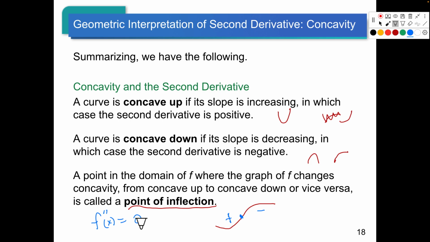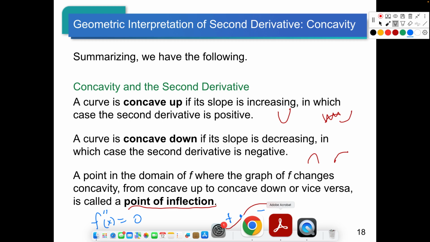It's kind of halfway between the minimum and the maximum, because if it's concave up we've got a minimum, concave down we've got a maximum. And when you see that happening, you can see, okay, somewhere about halfway between there, that's where the inflection point is going to be.